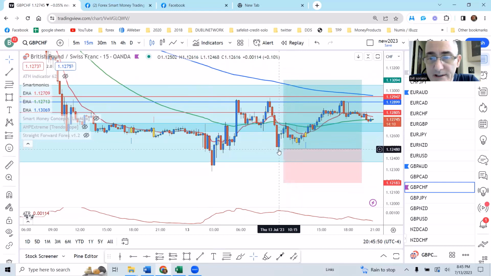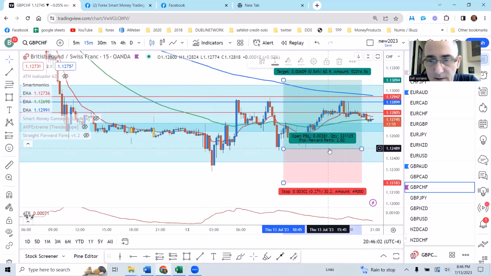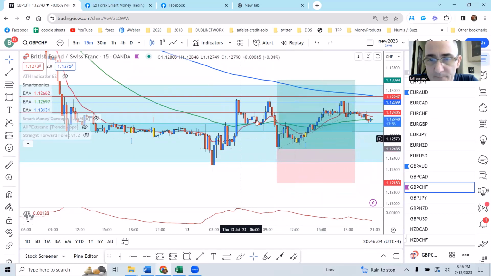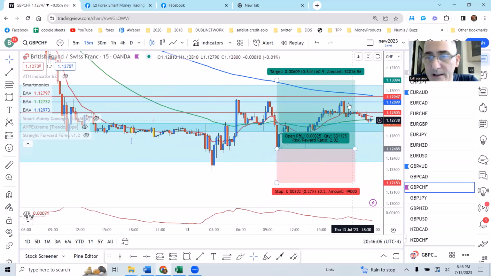But you would get in this trade right here, basically at 10:15 a.m. today. So that's when this trade would have executed for you. Okay, if you just slide that over there, right there on that wick, and price is currently moving up again. We're risking 30 pips to get 60.